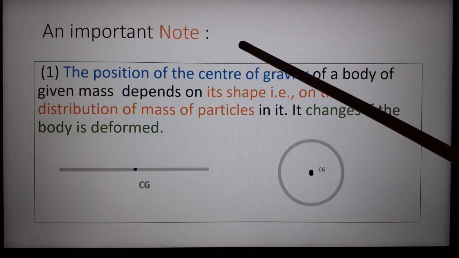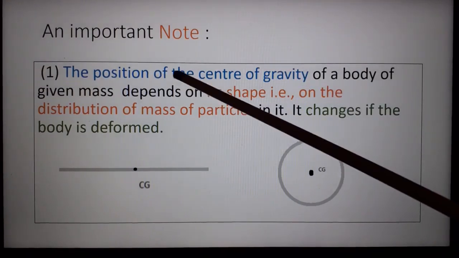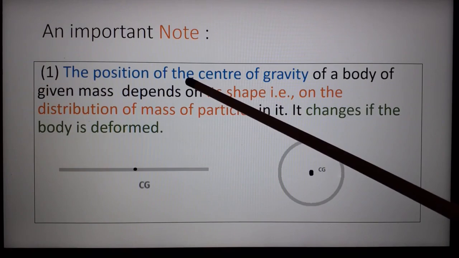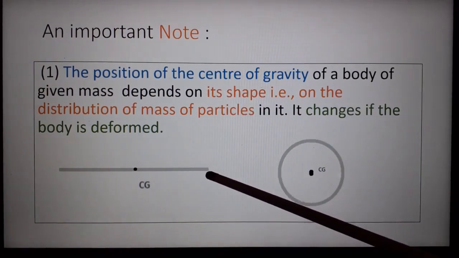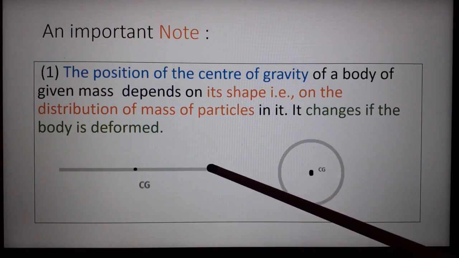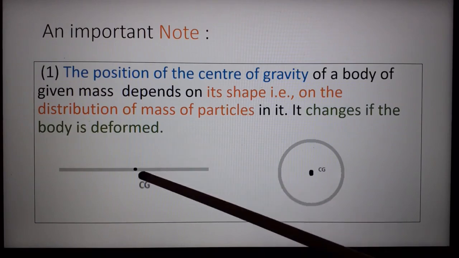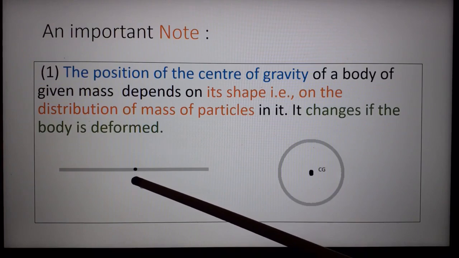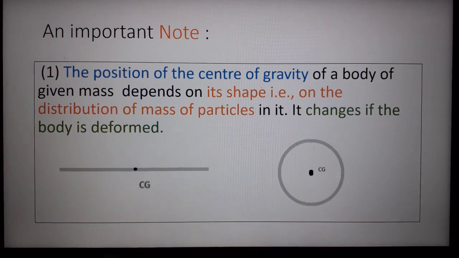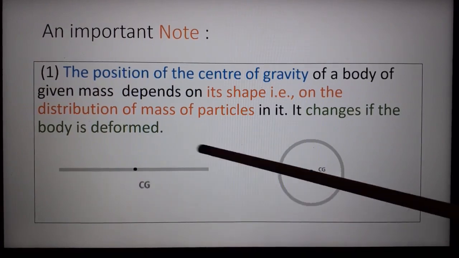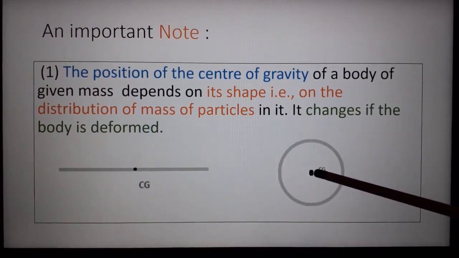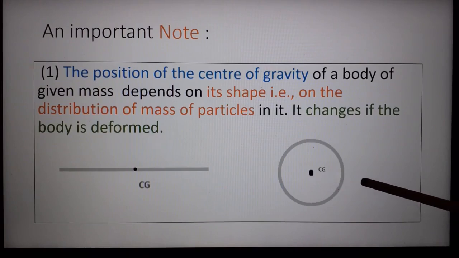There are 3 important notes. First one, the position of center of gravity depends on its shape. Let us understand this with an example. I am taking a wire, grey colored wire. Where is the center of gravity of this wire? Here, right? Now, if I turn this wire into a ring, center of gravity is shifted.